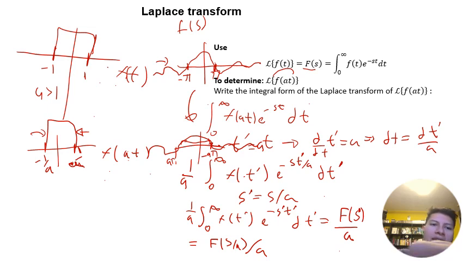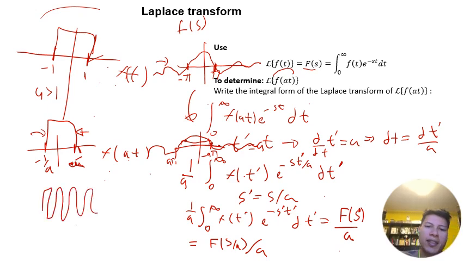Later you will learn that this is a general property of functions, which basically says if your switching speed in a system is faster, the amount of bandwidth, or the range where the non-zero part of your signal is, increases.